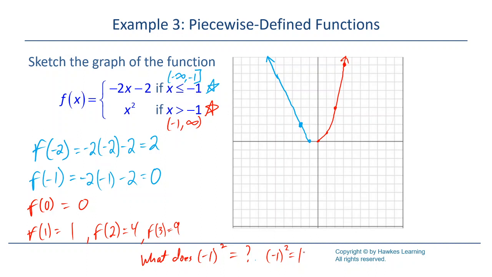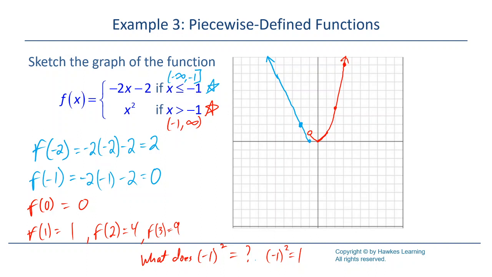At -1, if I was using the function x squared, I would be at 1, so I would be here. But to indicate that this point's not included, we're going to keep that parabola shape, which we know from before, and then we're just going to connect it with an open circle. And so that gets us all the values we need for this.